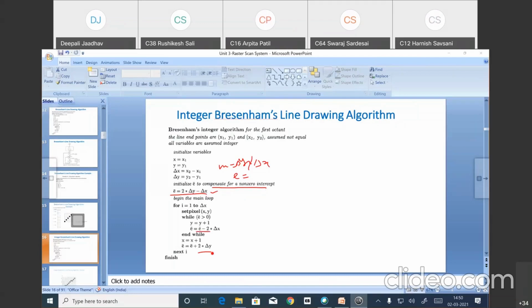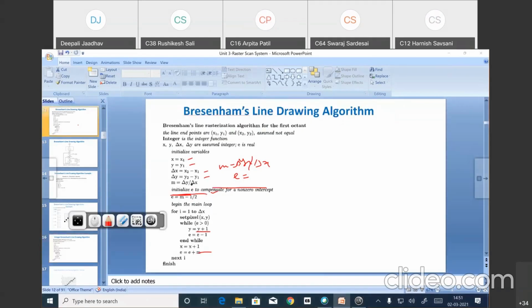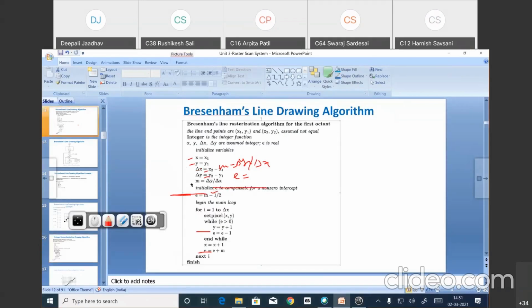The first thing is x is equal to x1, y is equal to y1, delta x is equal to x2 minus x1, delta y is equal to y2 minus y1, both are the same. The only difference is that in the previous algorithm, m is equal to delta y by delta x, and using m we calculate the error term, m minus 1/2.